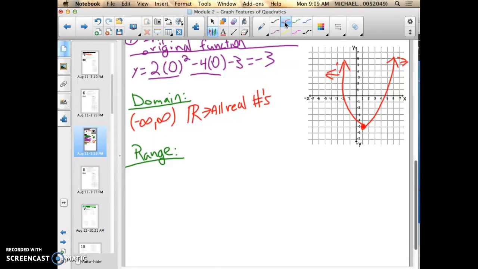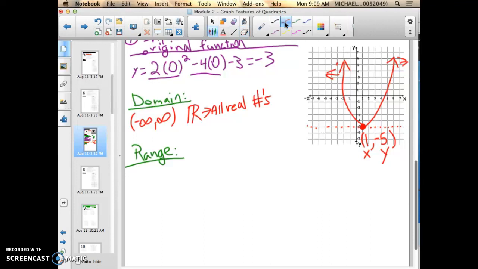So my lowest point is right here. And the lowest point I care about, again, because range is y. The biggest mistake with range is you don't know what value to use. This is my vertex, this dot. The range is the y values that we care about.